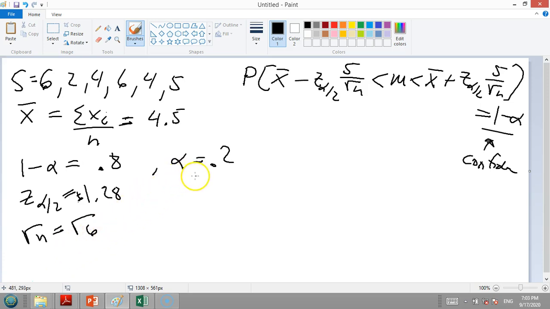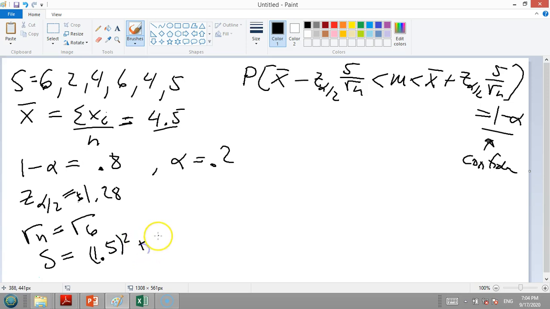And last but not least, let's compute S. How do you do it? You subtract each one of them from the mean and you square them. I'll give you a shortcut. I do the subtractions in my head because the mean is 4.5. The first number, 6 minus 4.5 is 1.5, so 1.5 squared.